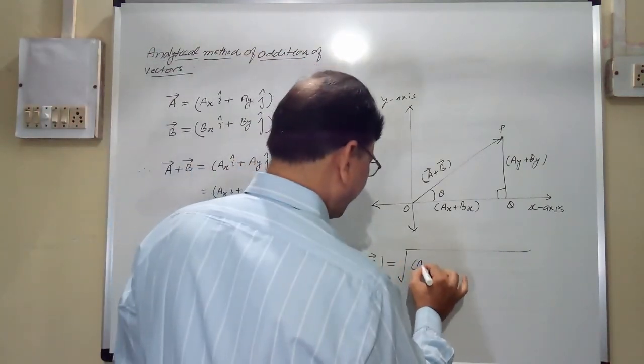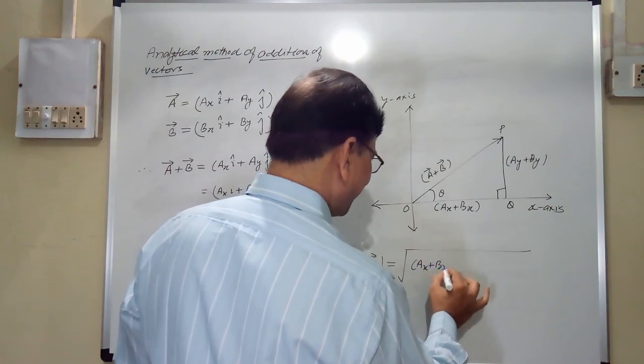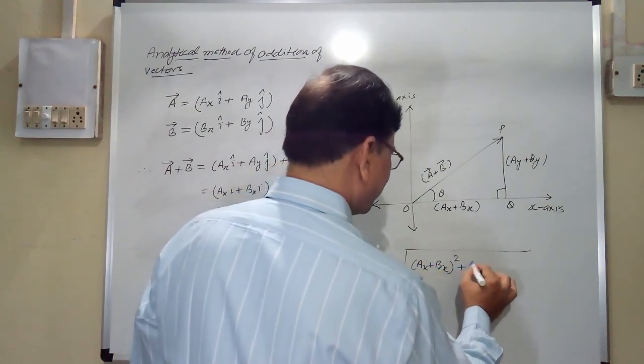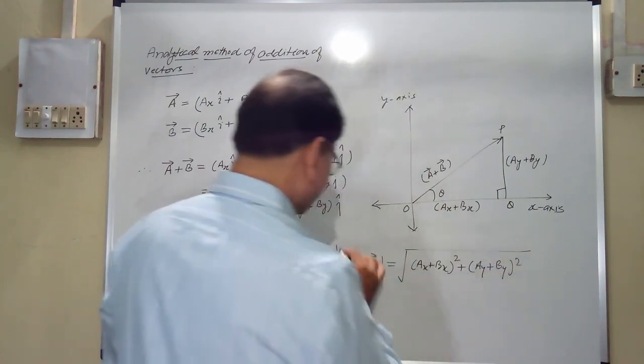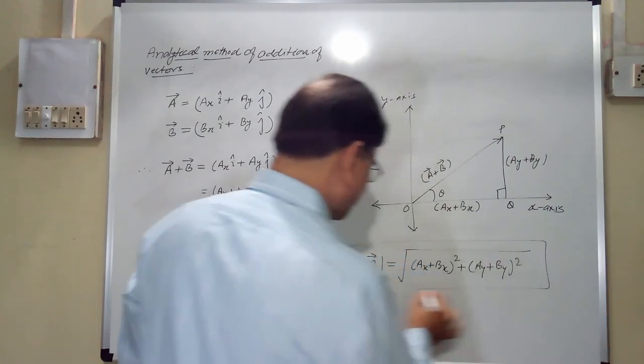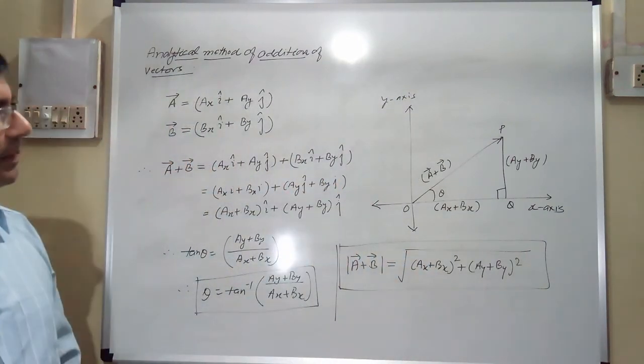So it will be the square root of (ax plus bx) whole squared plus (ay plus by) whole squared. This gives the magnitude of the vector A plus B.